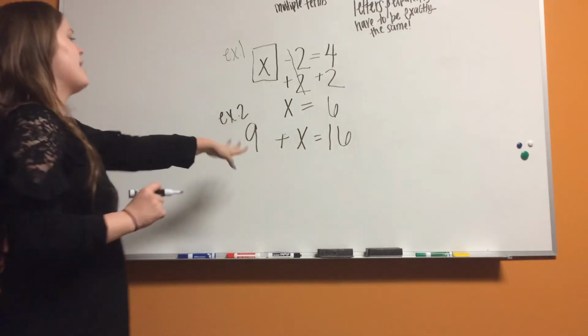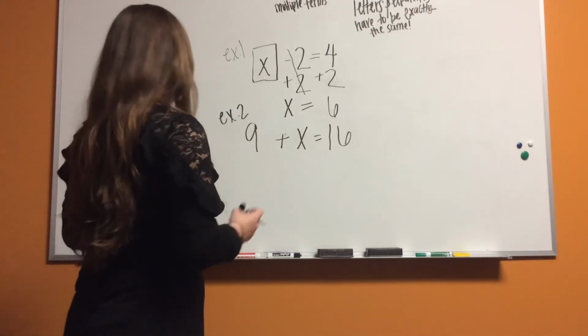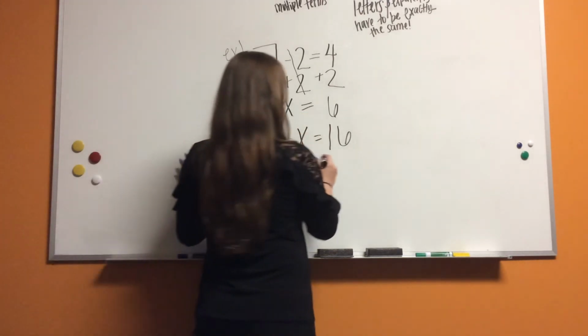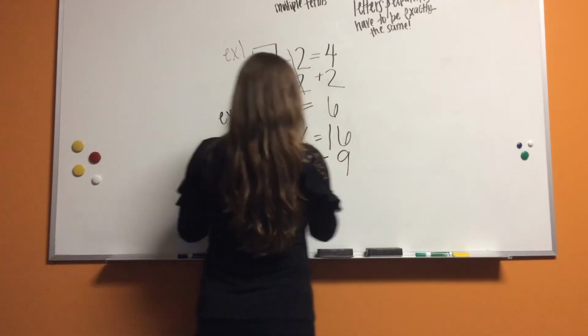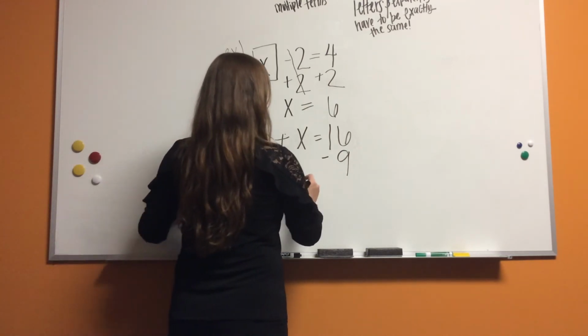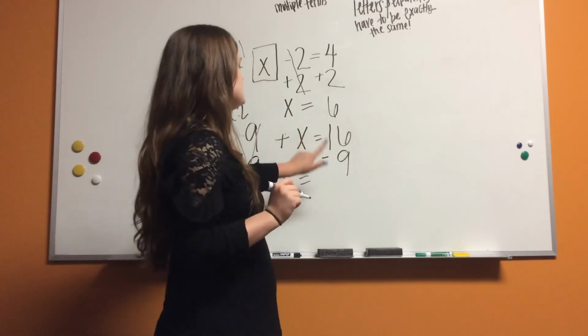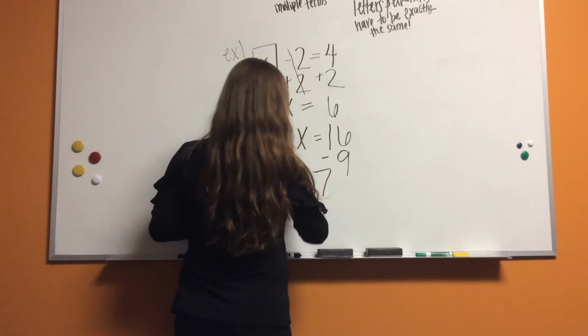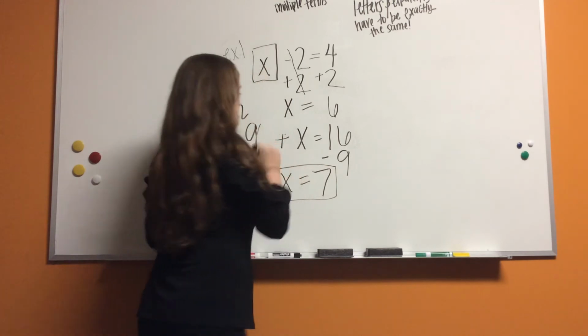So how would we get the x by itself? Good, we're going to subtract the 9 from both sides. Alright, that's going to cross out. We're going to have x equals, what's 16 minus 9? Good, x equals 7. Alright.